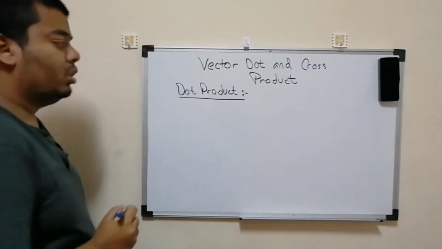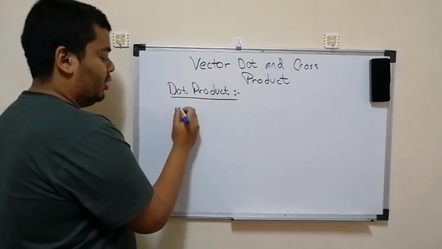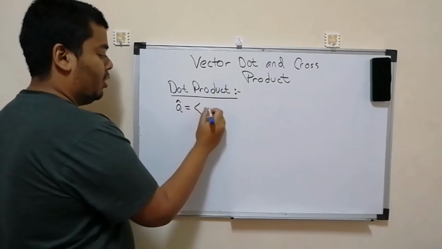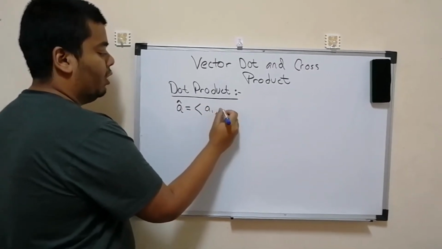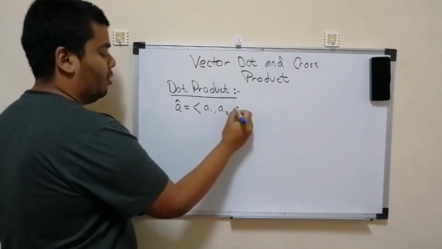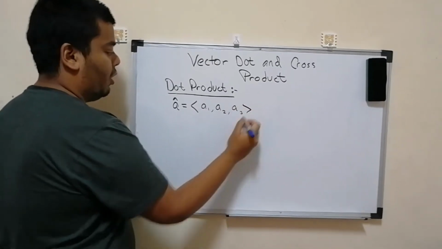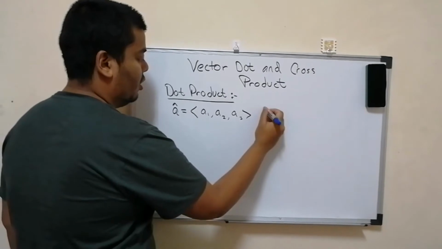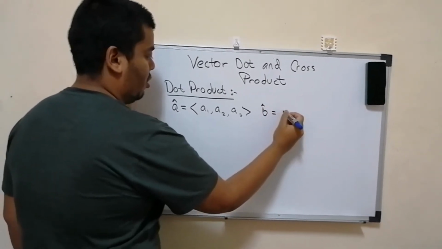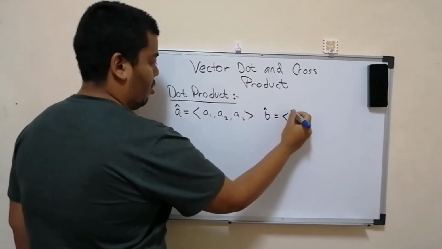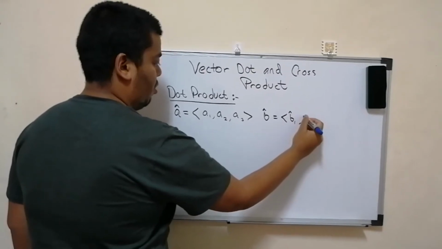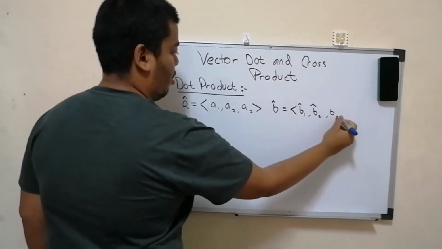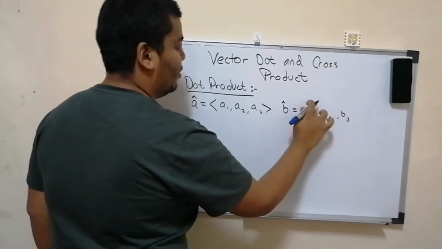The dot product, if you have two vectors, let's say vector A1, 2, and then we have another vector, this is vector B. Okay, sorry for the caps.